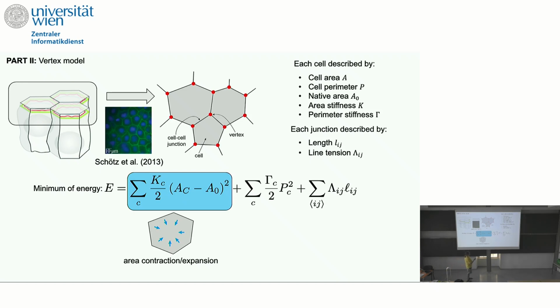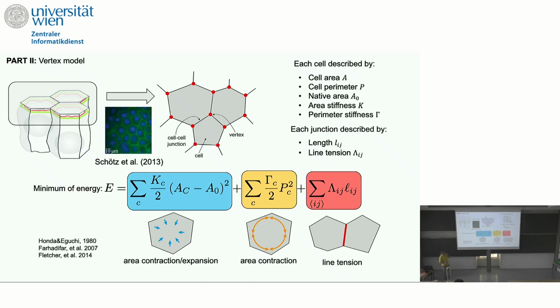And then I'm going to have a penalty of changing the perimeter of the cell, which has to do with all of these junctions sitting on the top. Actually, those are a little bit lower, the adherens junctions, which essentially form a tight ring around the cell and want to contract it. And then I model the penalty of changing the length, the line tension between the two cells.